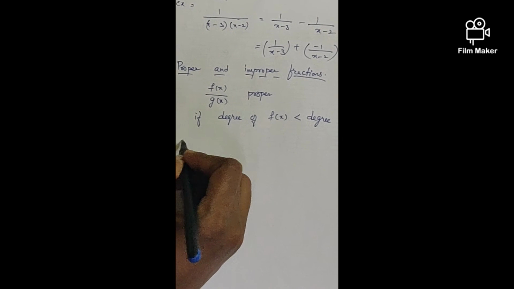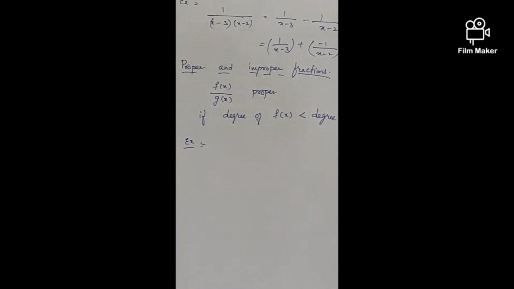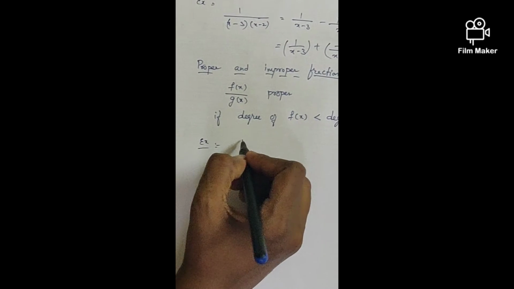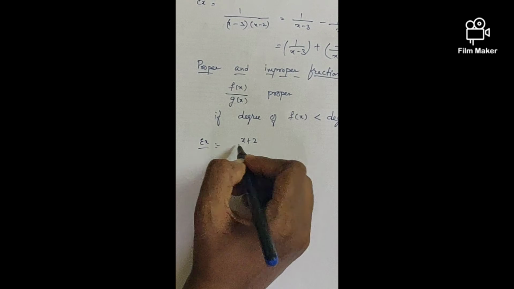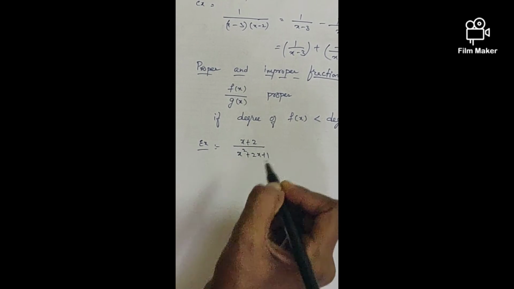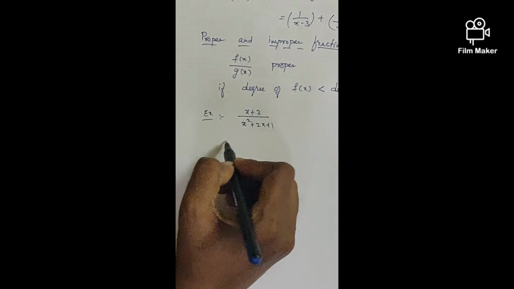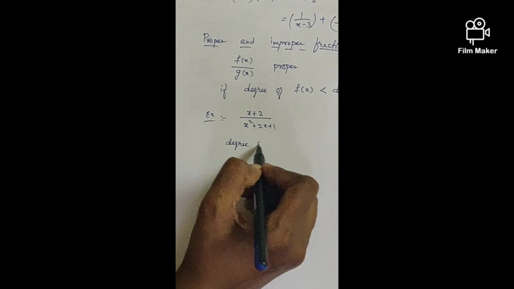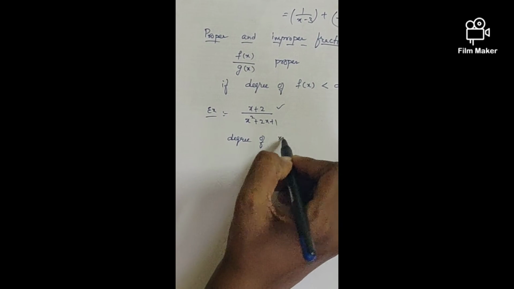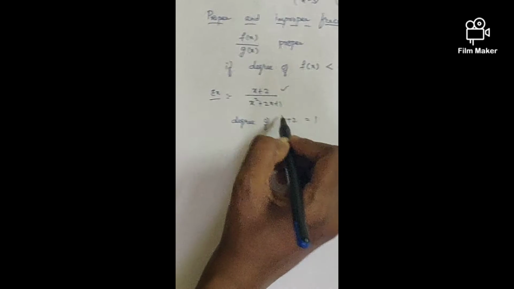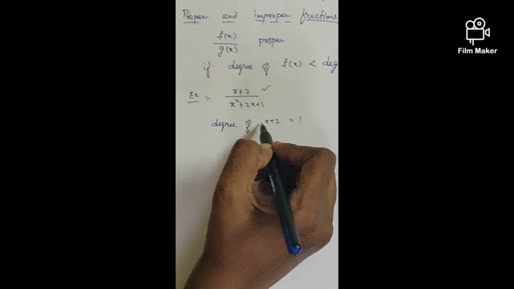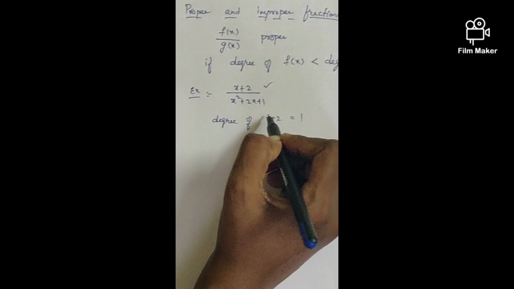For example, we are taking one example: x plus 2 by x square plus 2x plus 1. Here, the degree of the numerator, that is f of x, x plus 2, is 1. Degree is the highest power.